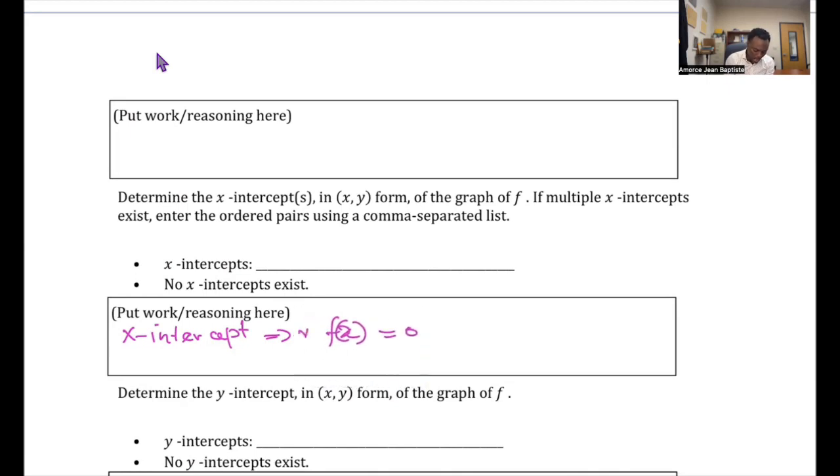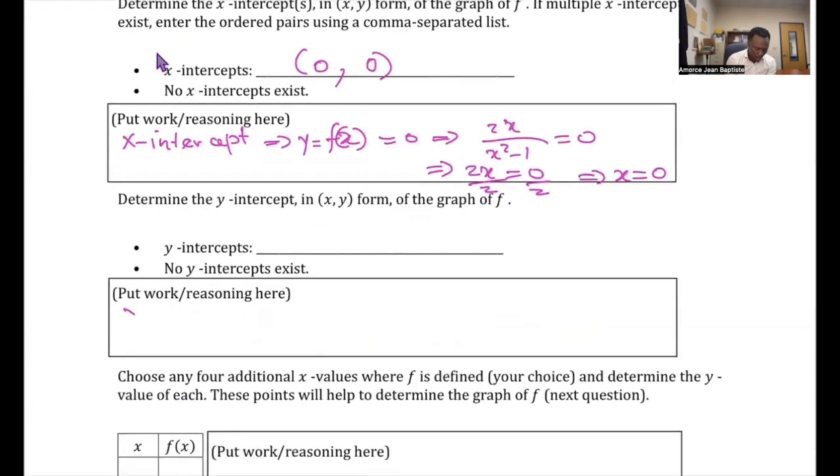So f of x, we know it's 2x over x squared minus 1. That is 0. So cross multiply, we get 2x equals 0. Divide by 2, we get x equals 0. We have x 0 and y 0.